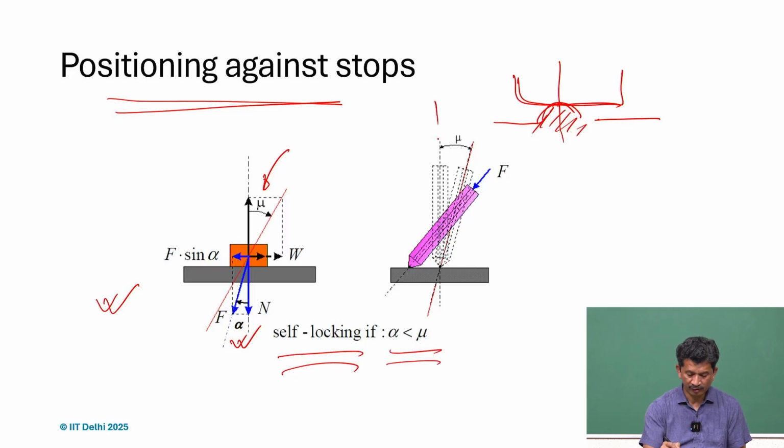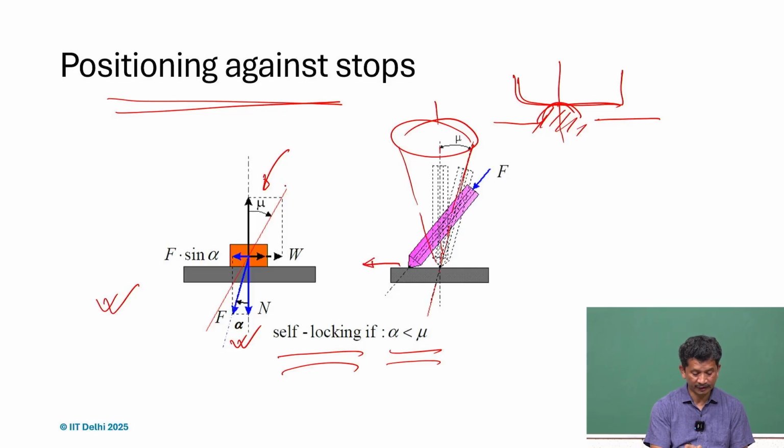If you remember, this is mu, so we can define the cone of friction. If the force direction lies away from it, then it can slide.